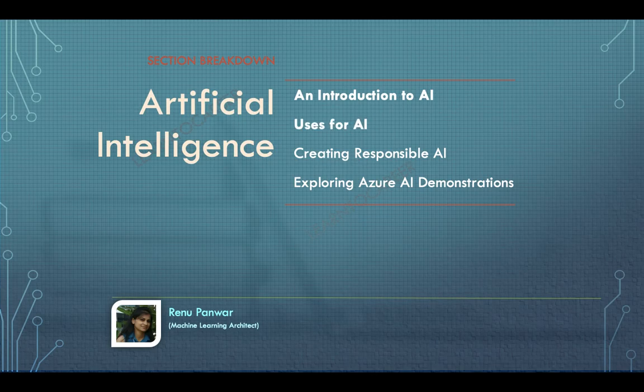Next, we will take a look at some uses for AI and see how we can use AI for things like home automation, facial recognition, and using AI to block fraudulent charges to your bank accounts.